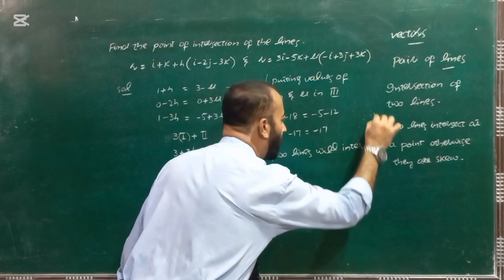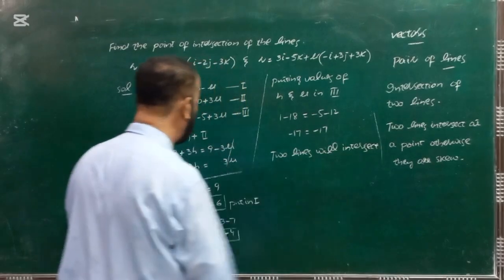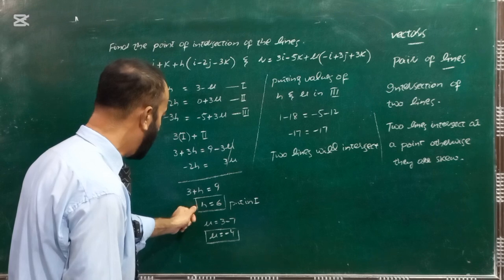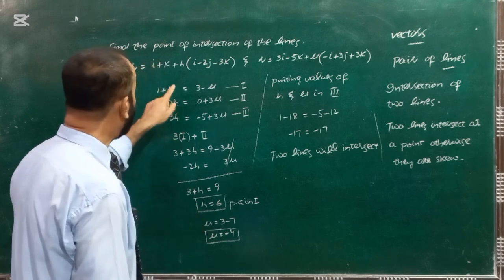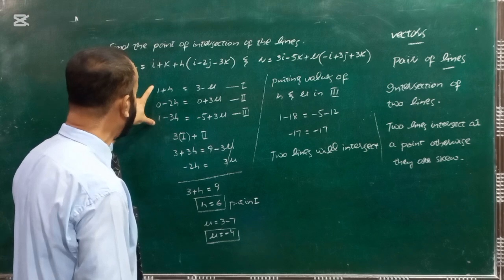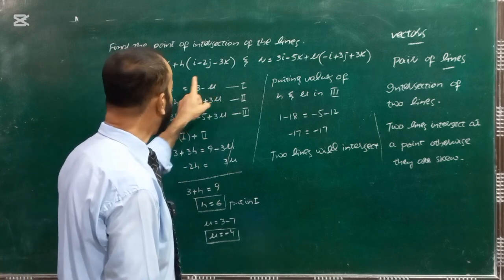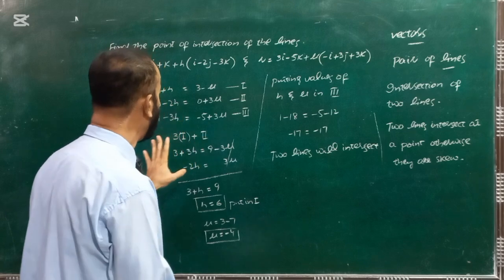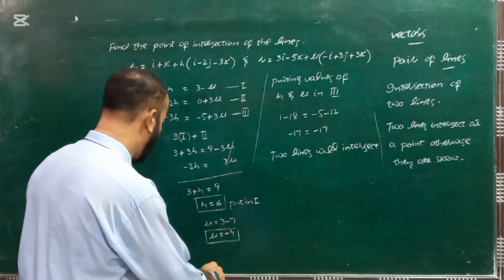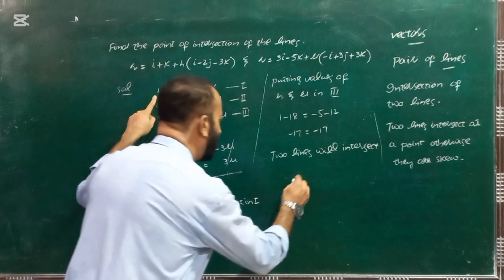Okay, and now the point where the 2 lines intersect can be obtained by putting lambda or mu in either of these position vectors. You may put lambda over here, the same point will be obtained, or you may put mu in these position vectors, and the same point will be obtained. It will be up to you. So look now, we are going to put lambda, so 1 plus 6 will be 7.